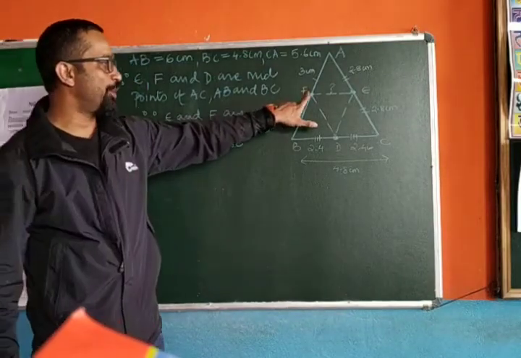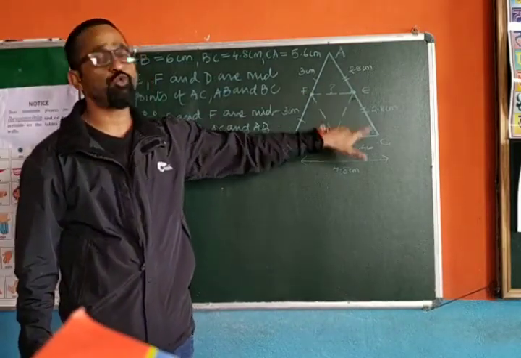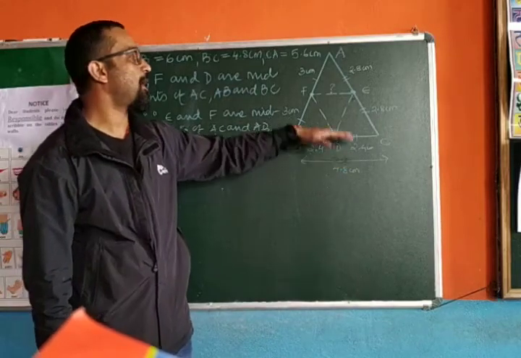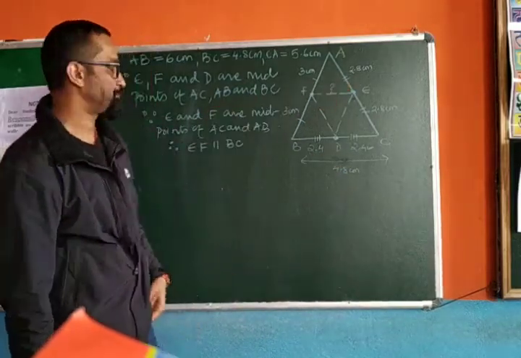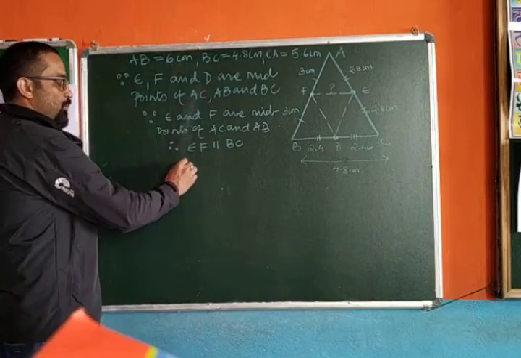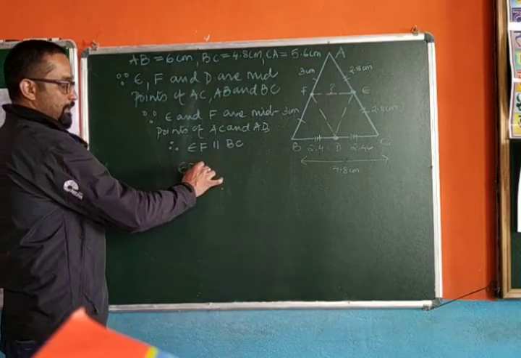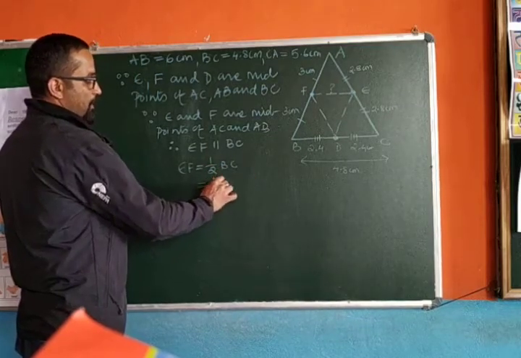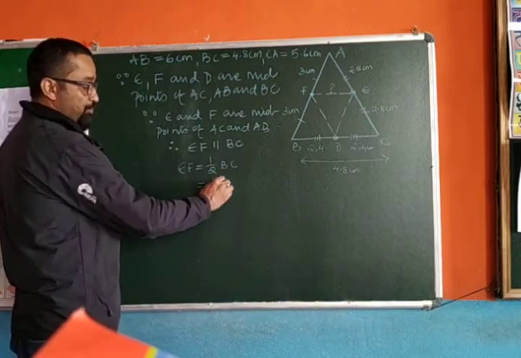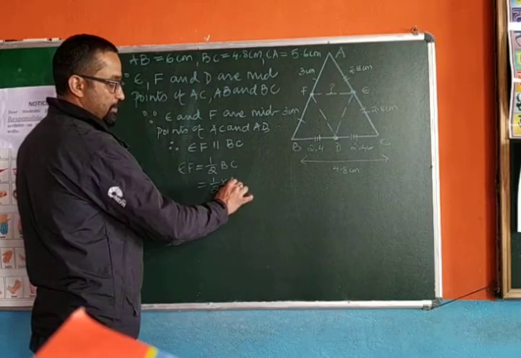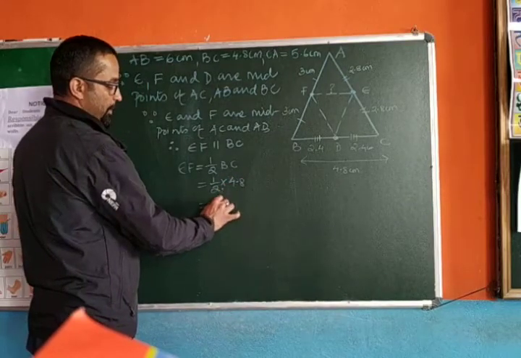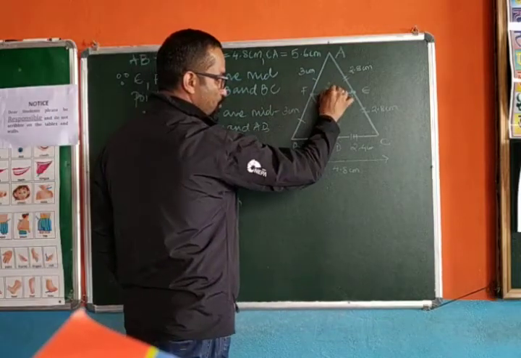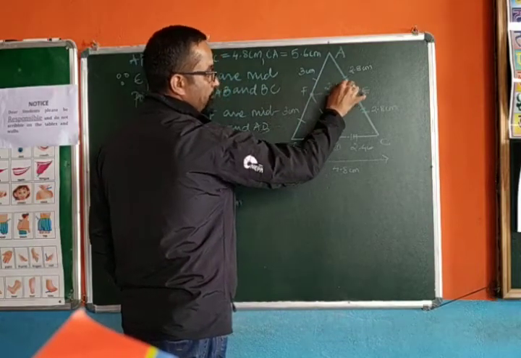The line joining the midpoints of any two sides of a triangle is parallel to the third side and it is half of it. So EF is equal to half of BC. Substitute the value, 4.8 is the total length. You get 2.4 centimeter. Right, in the figure here, 2.4 centimeter.